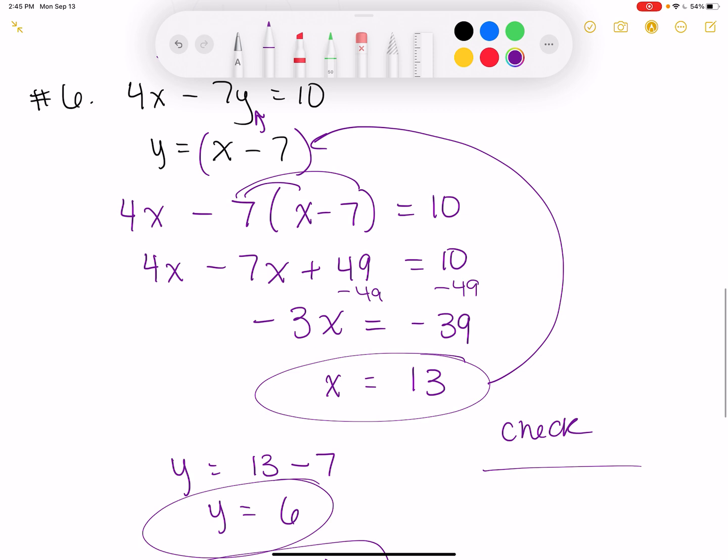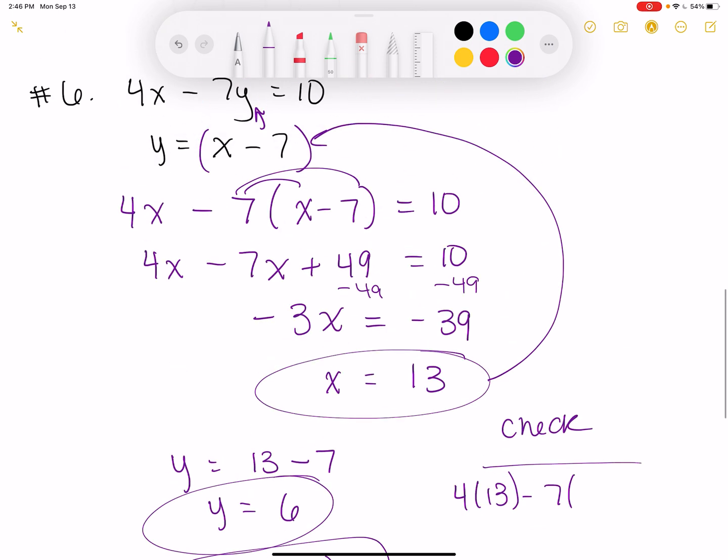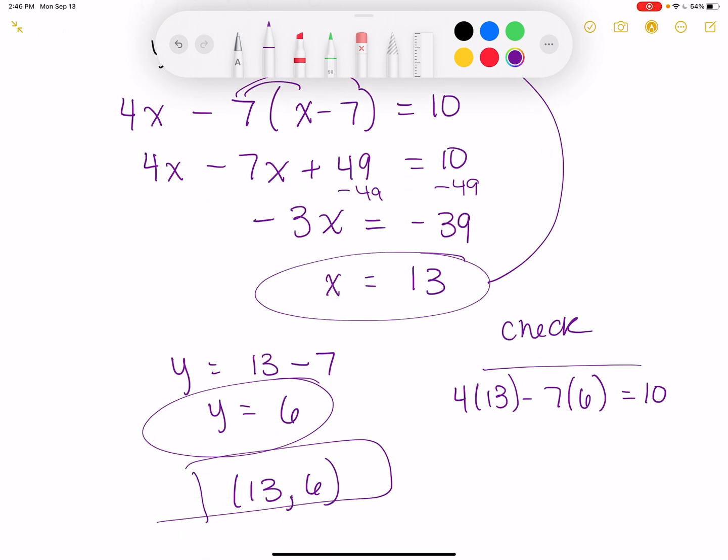All right, so I'm going to do the top equation. 4 times 13 minus 7 times 6 equals 10. It's 4 times 13, 52, minus 7 times 6, 42. 52 minus 42 is 10, equal to 10.